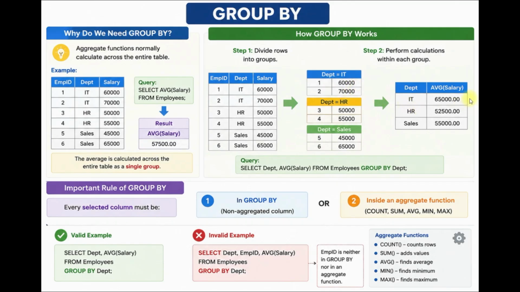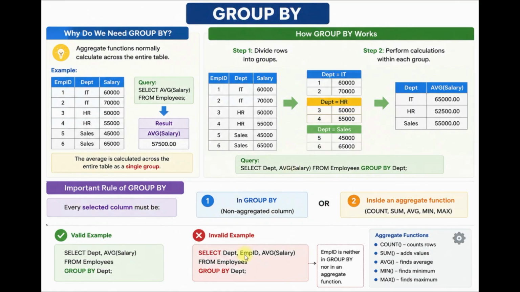If we want to show that, we have to show employee ID 1, employee ID 2. So we avoid that. Whatever we put in select should either be part of the group by or be part of the aggregate function. So that's how it works.